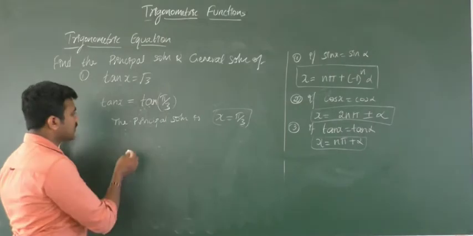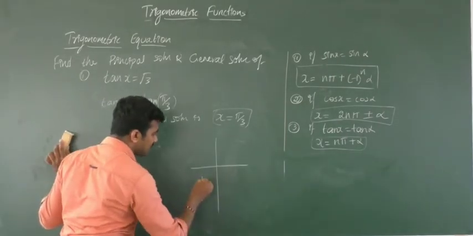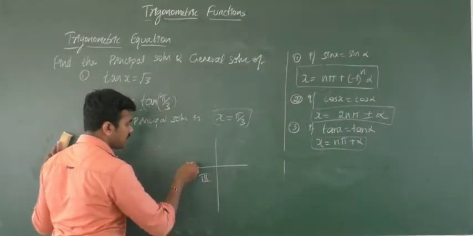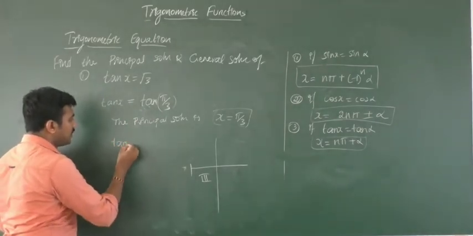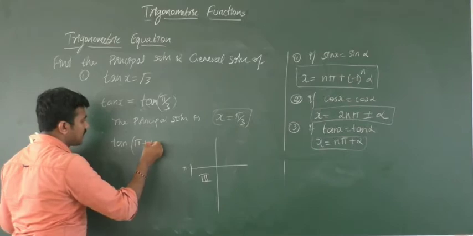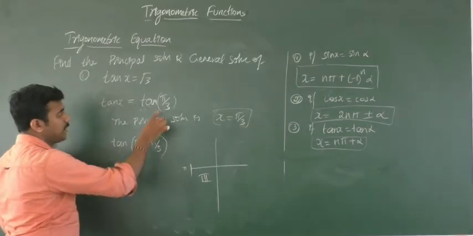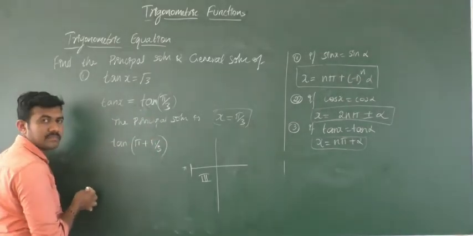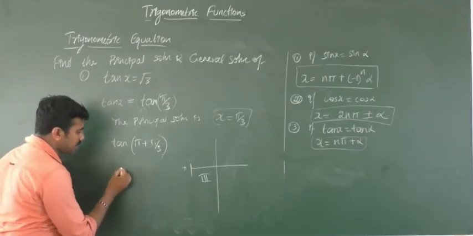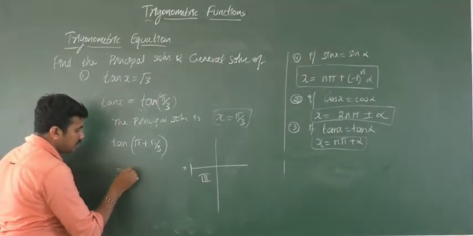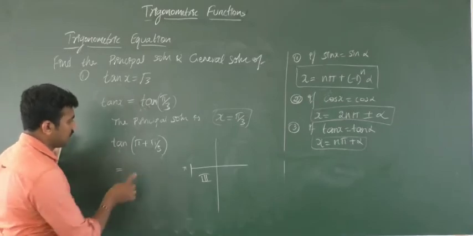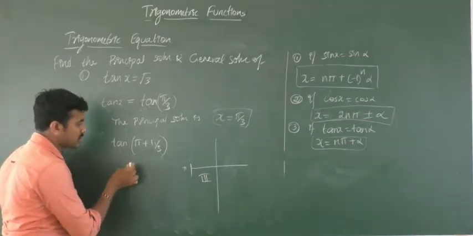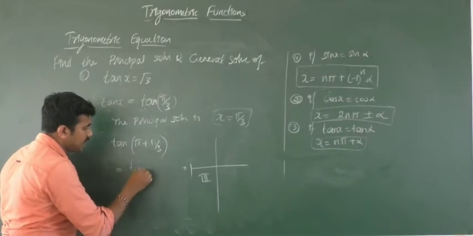Another principal solution, as I said, comes in the third quadrant. In the third quadrant, you have to write pi plus. So tan of pi plus pi by 3. In the third quadrant tan is positive, so this is nothing but tan pi by 3 only.